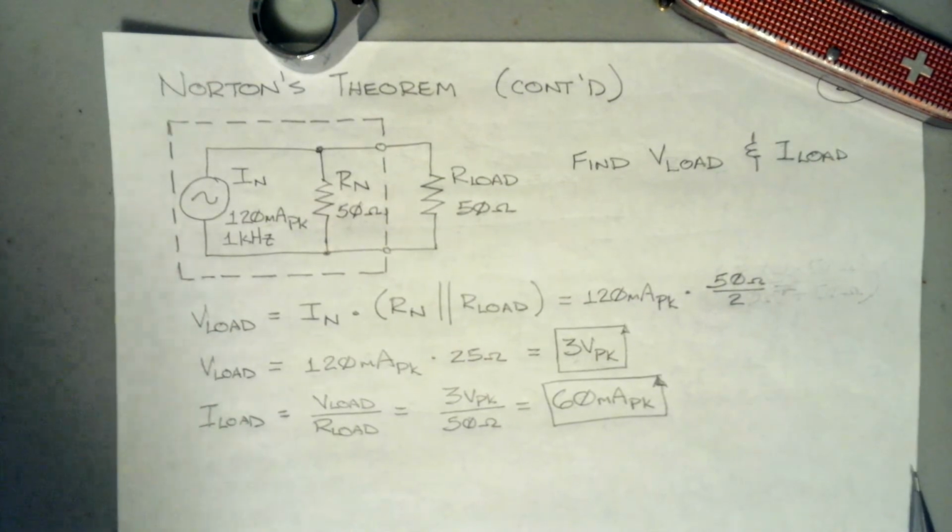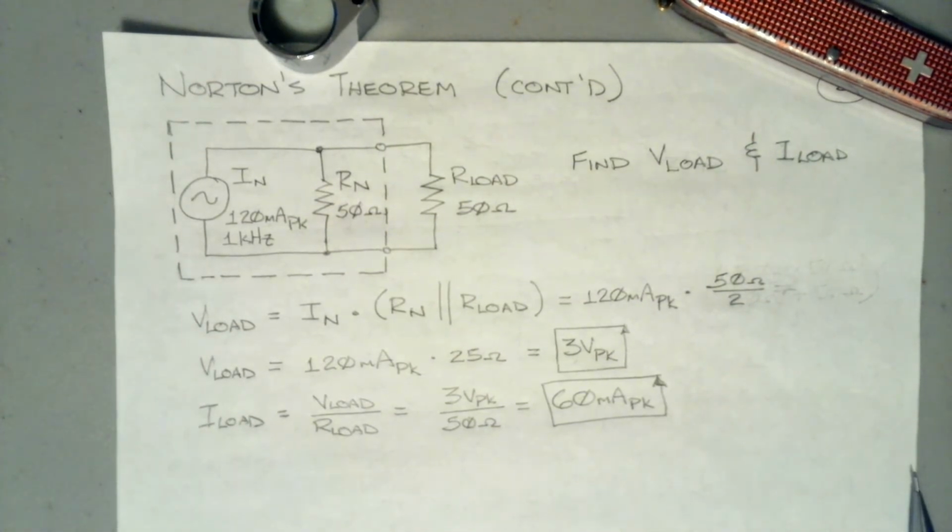Hopefully you can see how these equivalent circuits are actually equivalent. Both the Thevenin equivalent and the Norton equivalent gave us the same answer as the total resistance method.